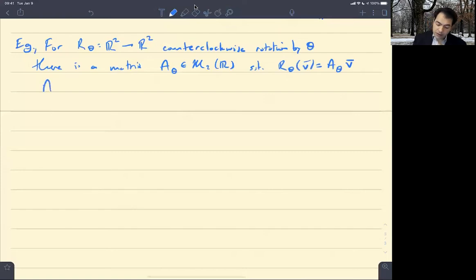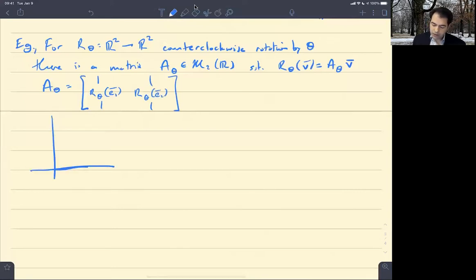And we know how to find A sub theta. We know it's going to have two columns, and the first column is just going to be R theta applied to E1, and the second column is going to be R theta applied to E2. Okay, so let's figure out what those are.